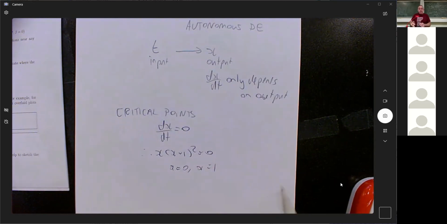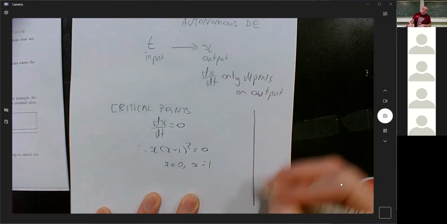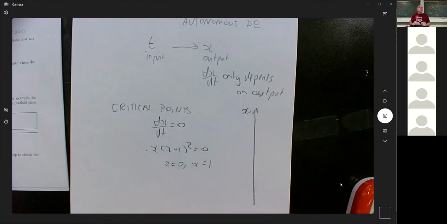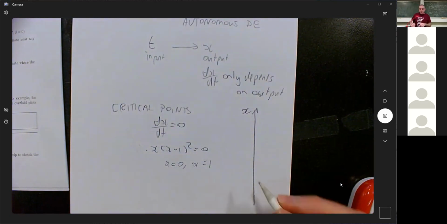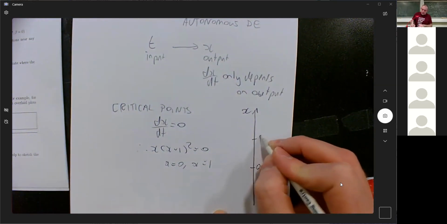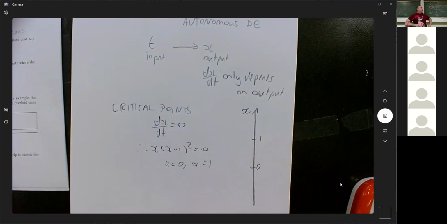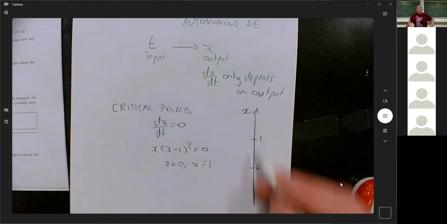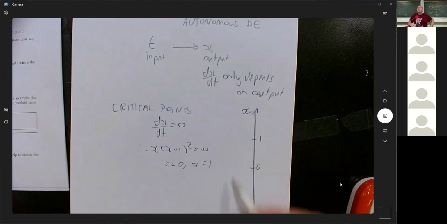Okay, and what we normally do is we draw a single line of all the options for what x could be. I'm going to draw it vertically. In Maths 1B, they draw it horizontally, but this matches better with what goes on in this course. And here's 0, and here's 1. And I imagine as t moves, where does the x move along this line? And it's one of the pictures of functions that we have.